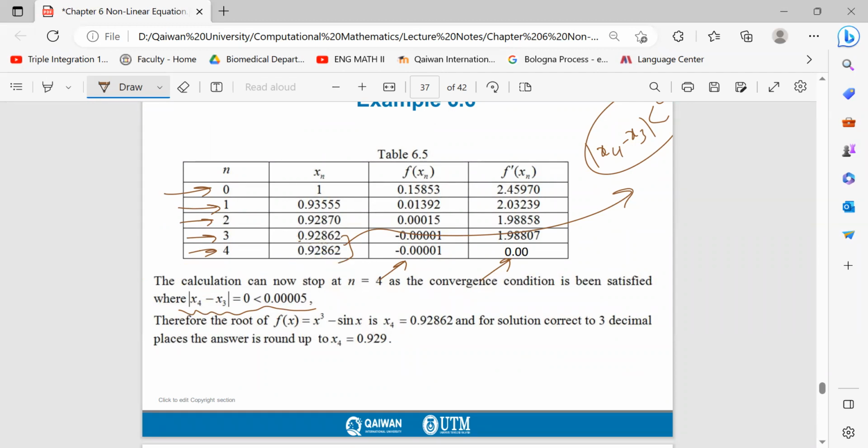In the previous method, in secant, it's the same. The last value of x is our solution. But in bisection, the last value of c that you find is our solution. We just have these 3 methods.